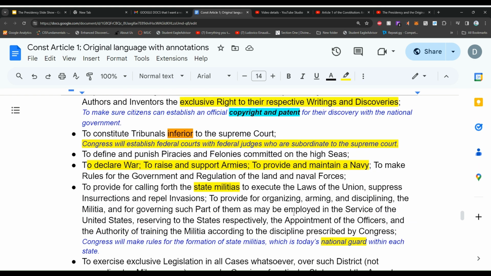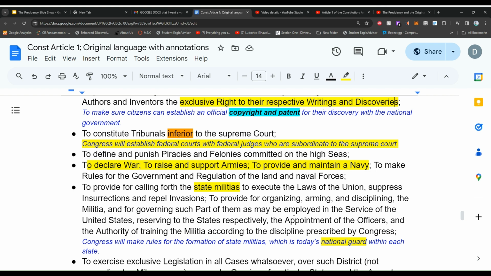I scrolled. Next, where the orange inferior is, to constitute tribunals inferior to the Supreme Court. Now, the Supreme Court is the top national court that settles all political problems and all law problems. So, a tribunal is a court, and inferior means below.